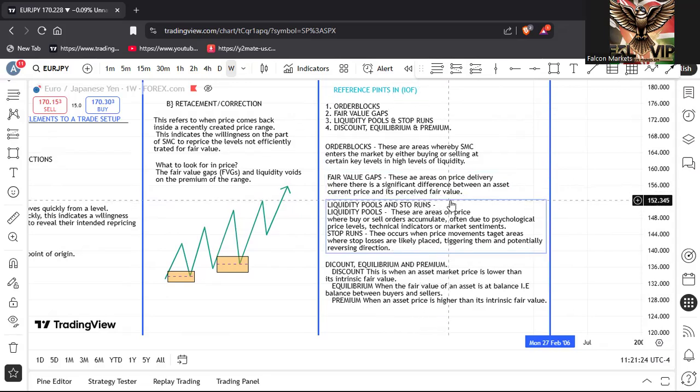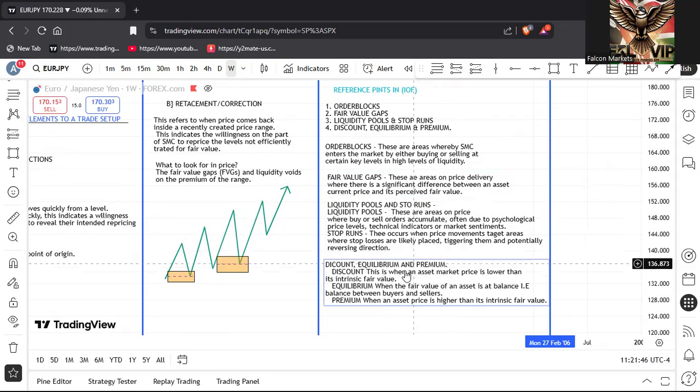Liquidity pools and stop runs. Liquidity pools are areas on price where buy or sell orders accumulate, often due to psychological price levels, technical indicators, or market sentiment. Stop runs occur when price movement targets areas where stop losses are likely placed, triggering them and potentially reversing direction.